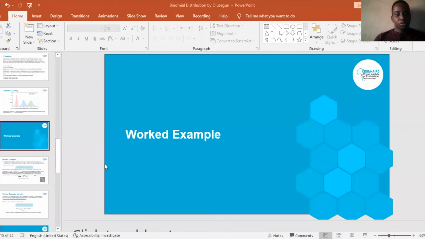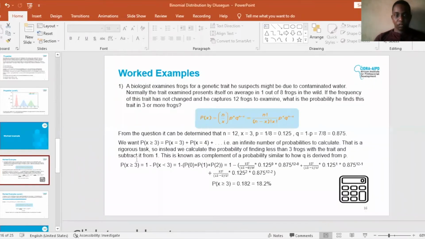So now we move on to the worked examples. So we see how we can use mathematics to gain a better understanding of binomial distribution. The first example: a biologist examines frogs for a genetic trait he suspects might be due to contaminated water.